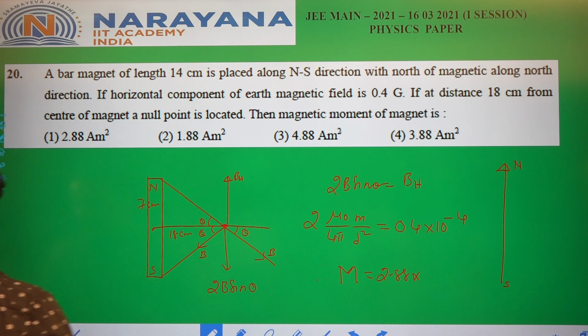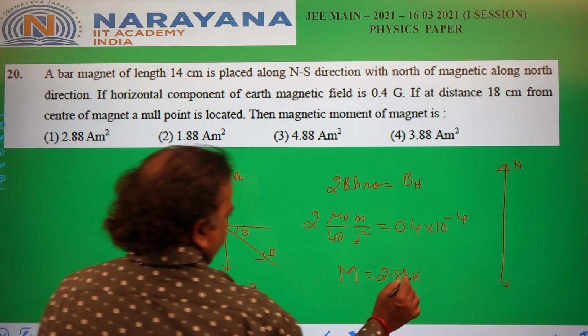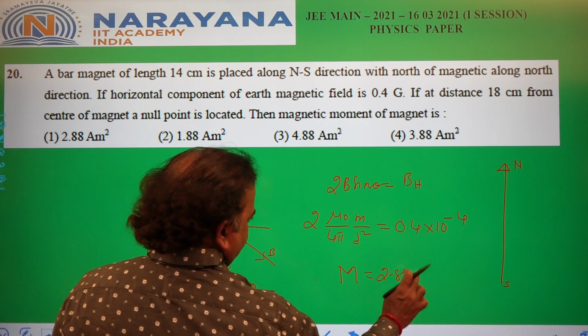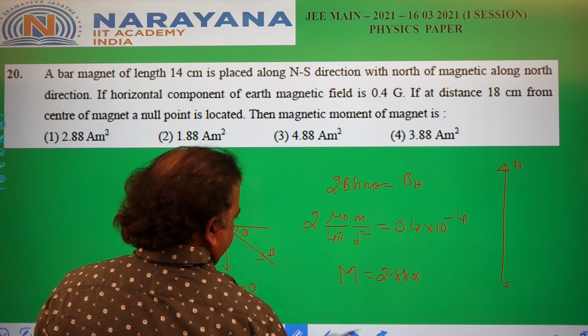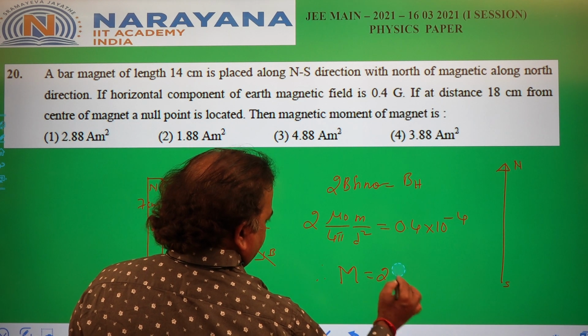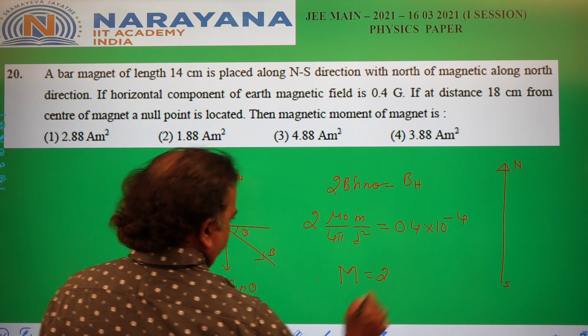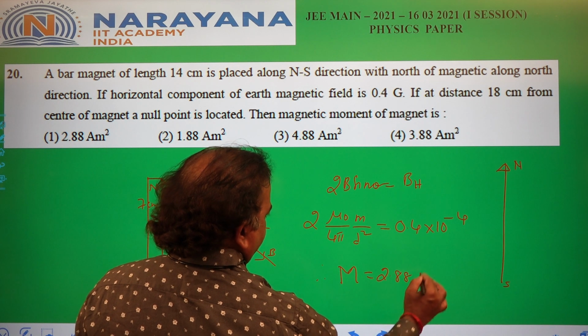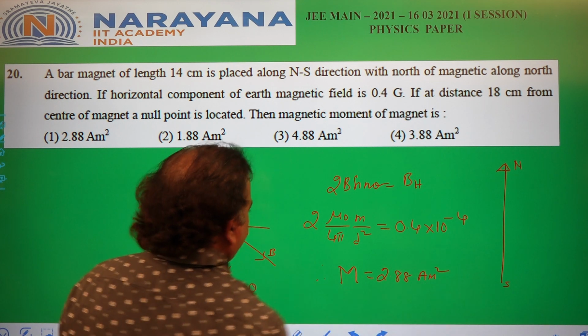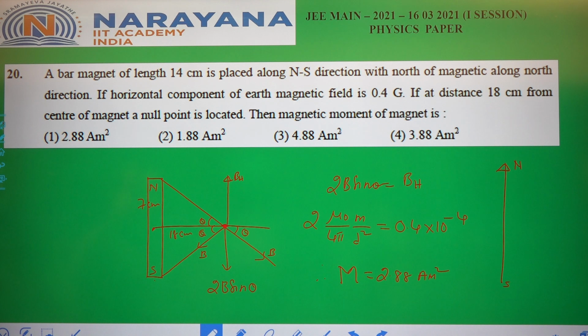Calculate and check what you are getting. Approximately 2.88 ampere meter square. That will be the magnetic moment. We go for the next question.